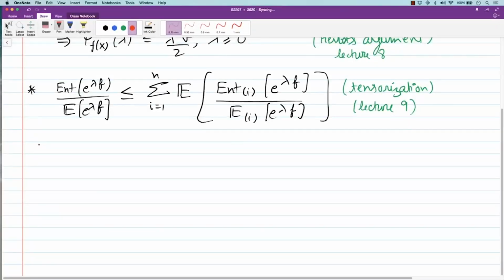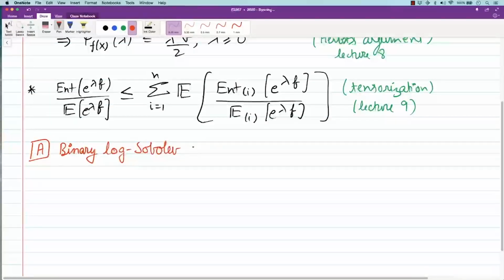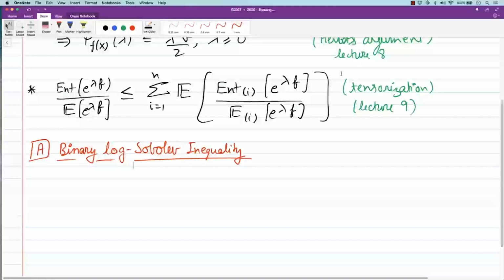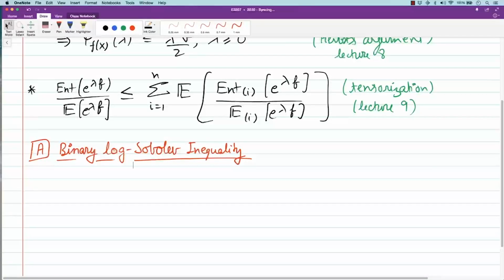I'll start with the so-called binary Log-Sobolev inequality, and then we'll use it later to derive the so-called Gaussian Log-Sobolev inequality, just like we derived the Gaussian Poincare inequality from a binary version of that Poincare inequality. That's the plan.